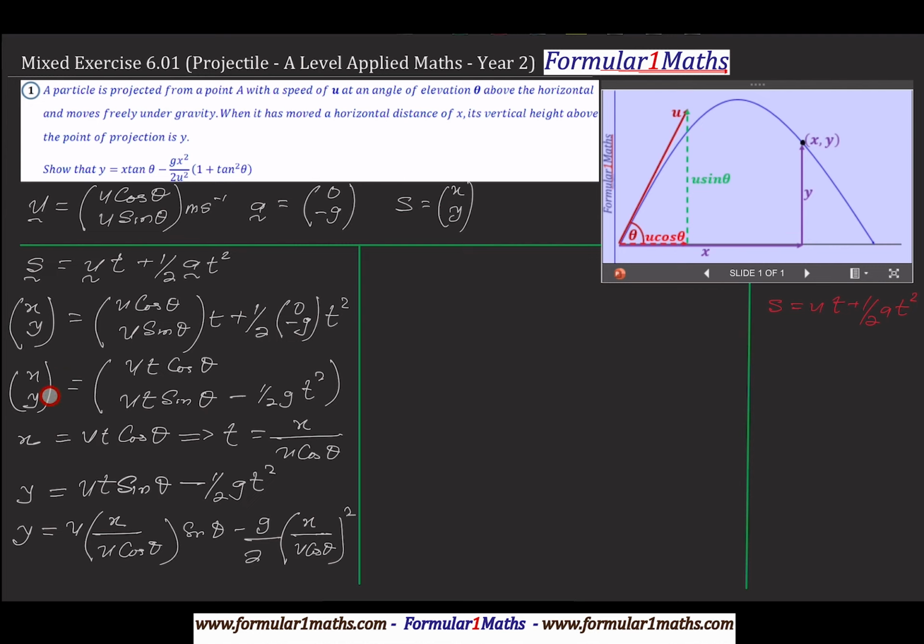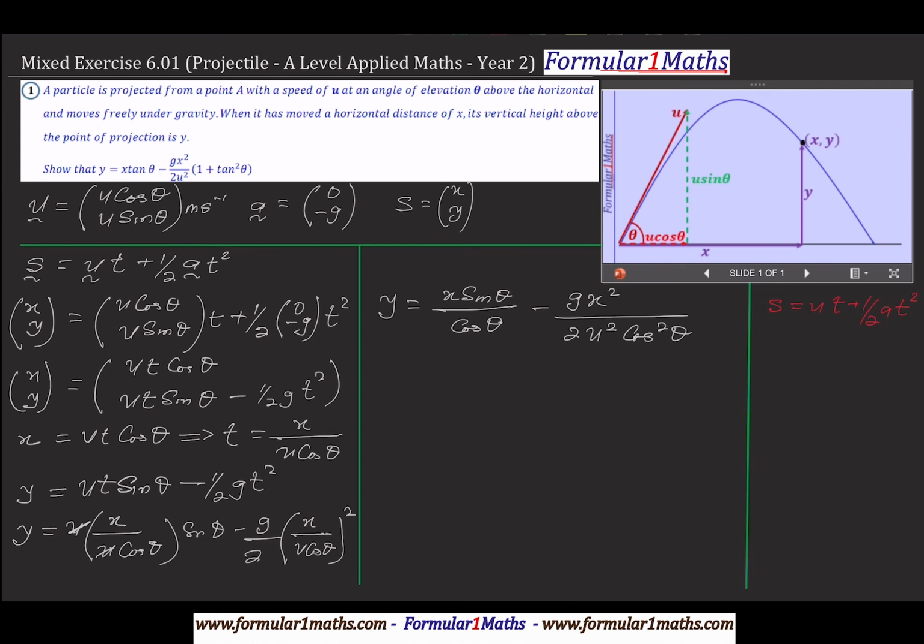The next step is to simplify this equation that we've got here. And you can see that this and that can be cancelled. And so I'll be left with y is equal to x sin theta over cos theta minus gx squared over 2u squared cos squared theta.